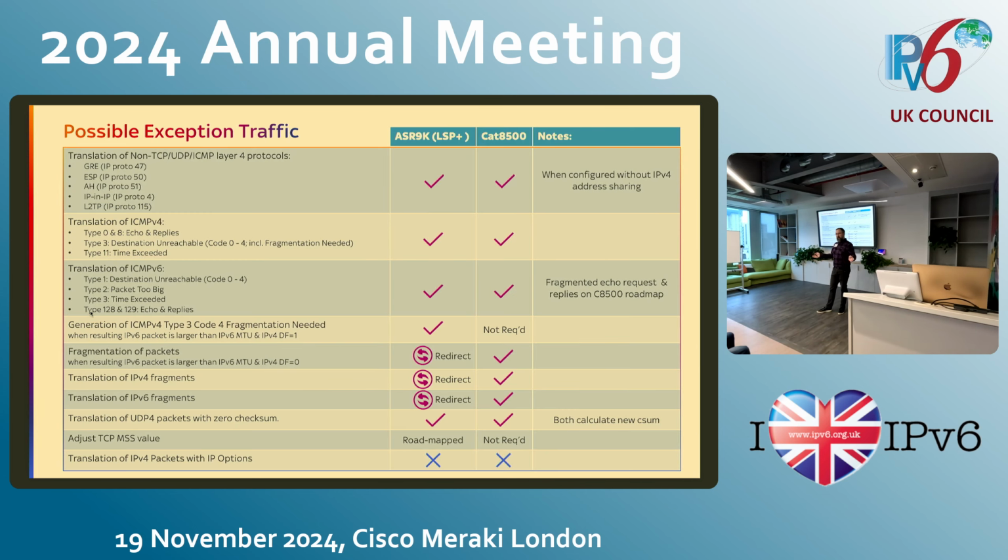There's plenty of packet types which could be considered as exception traffic. We're quite lucky with the ASR 9903. It can do most things in hardware on the Lightspeed Plus. The only packet types that need to be punted off to the Catalyst 8500 are packets that are too big and need fragmentation, and packets that are already fragmented and need reassembly before they can be translated. So depending on your vendor selection, you may want to evaluate this list.